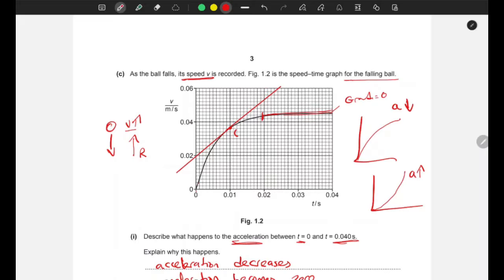So if over here is 1, 2, 3, 4, 5, over here is 0.03, 0.032, 0.034, 0.036. So this is 0.036, comma 0.01. That's one coordinate. We just have to find another one now.